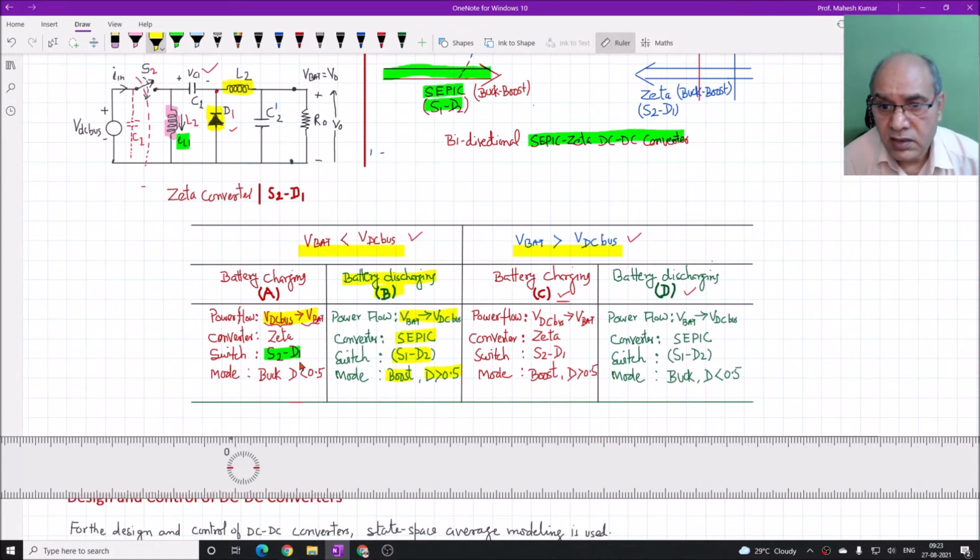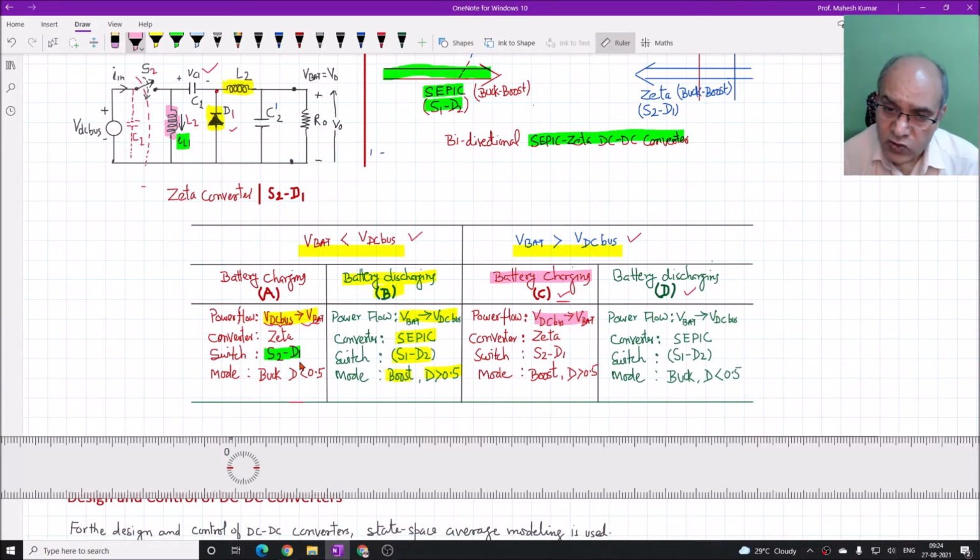Now take the other case when V_bat is more than V_DC bus. It is also possible for certain applications that battery voltage is far more than DC bus. In that case, the power is flowing from DC bus to battery. Because battery is being charged, battery is acting as the load, and therefore DC bus is the source.